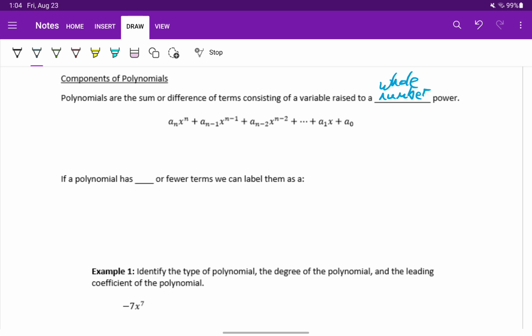Every polynomial expression has a degree, a leading term, and a leading coefficient. To determine all of that, we look for the term where the variable is raised to the highest power. In this case, n, since those remaining variables are n minus 1, n minus 2, those values are getting smaller. The largest power is the degree of that polynomial.